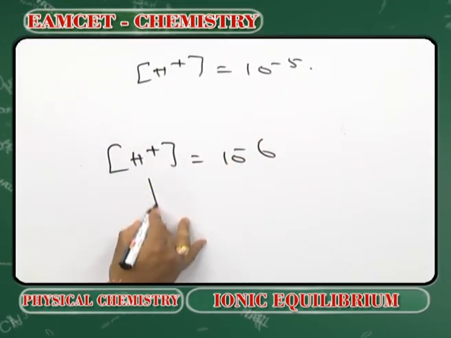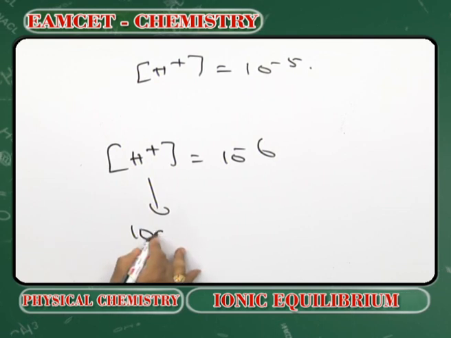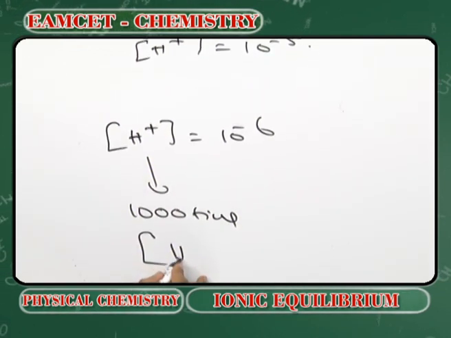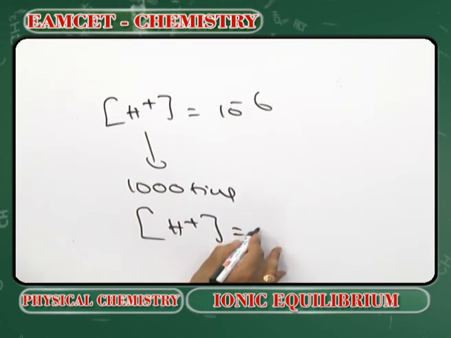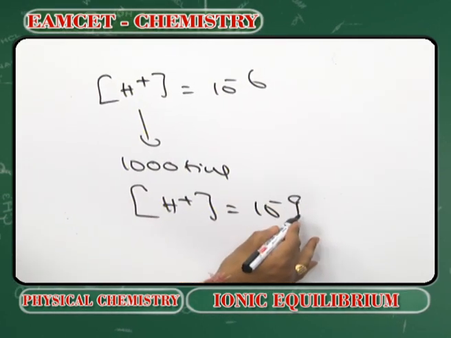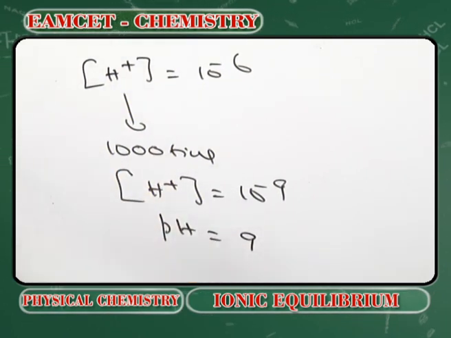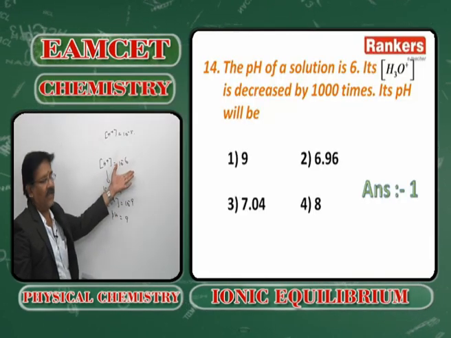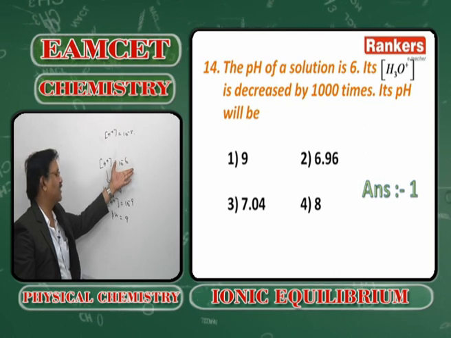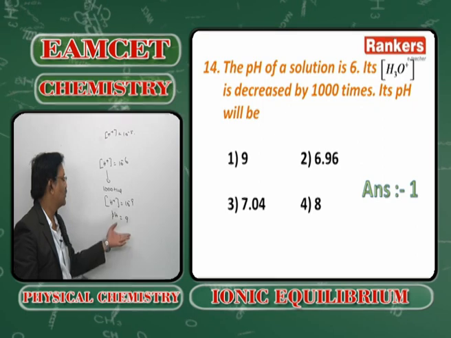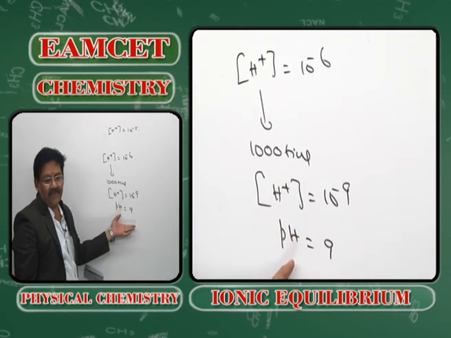It is diluted by 1000 times, so in the dilute solution, the H plus ion concentration will be 10 to the power of minus 9. Therefore, pH is equal to 9. By some mechanism, they have seen that the H plus ion concentration is diluted by 1000 times. So ultimately the pH value is 9.